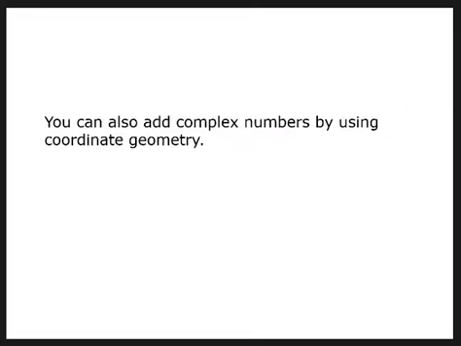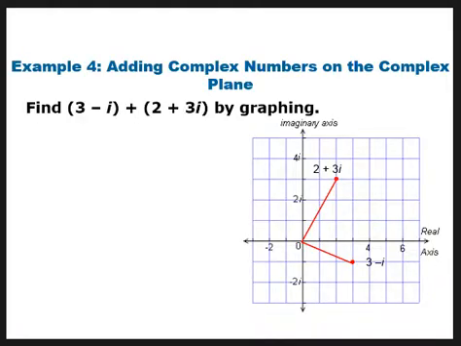Now, there is another way that you can add these graphically. I'm going to show you. You might have a little aspect of this on your assignment. Really, it's just a different way you can get your solution.